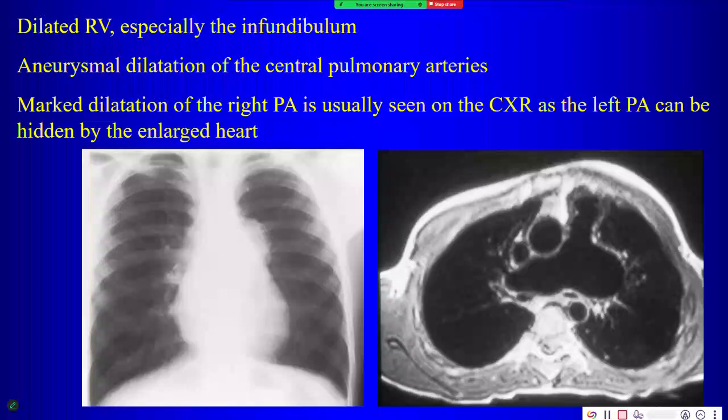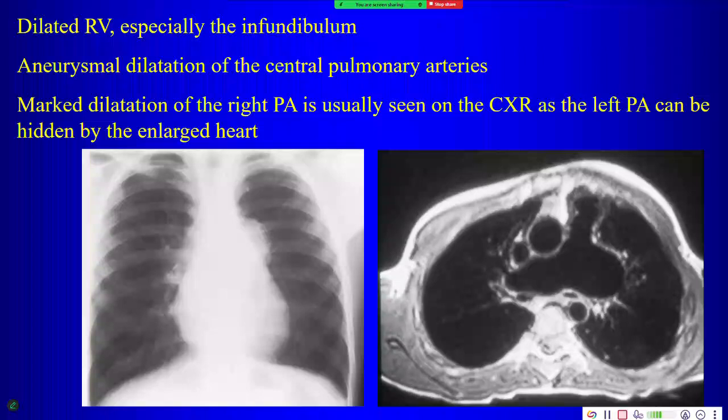Yes, absolutely. So after what procedure? Well, the procedure that was done for tetralogy and can still be done as a temporizing measure until they get to more definitive surgery is what?